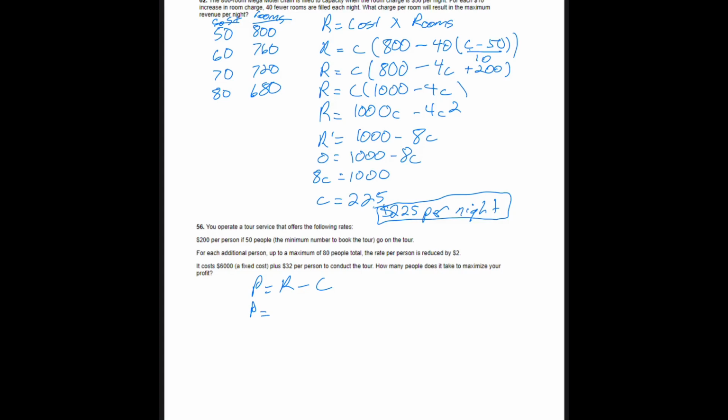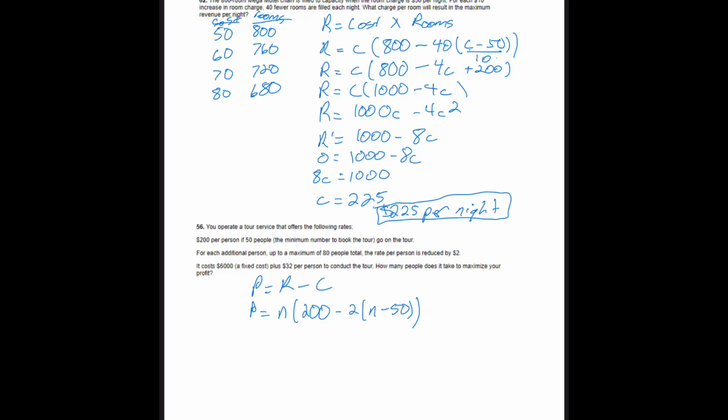So it's going to be the number of people that go on the tour times $200, but I'm going to subtract $2 for each person beyond 50 that goes on the tour.